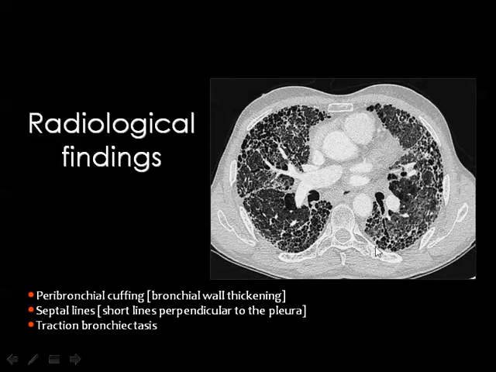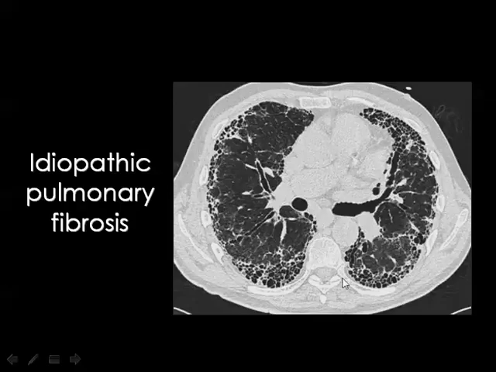Do you see honeycombing? Then the diagnosis is usual interstitial pneumonia. And here, can you see traction bronchiectasis? Can you see many areas of honeycombing? Then this is usual interstitial pneumonia. If this usual interstitial pneumonia has no underlying clinical disease, then you call it idiopathic pulmonary fibrosis. You understand? Okay.